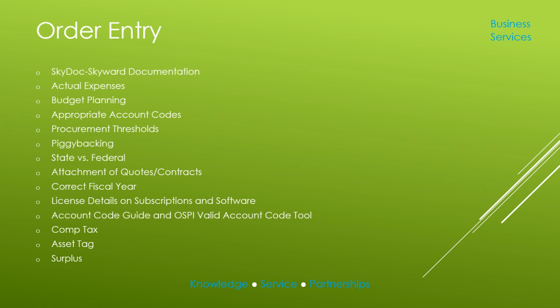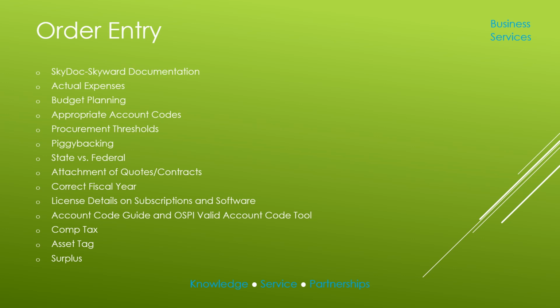If purchasing off another organization's contract, you will need to reference the contract ID in the body of the purchase order and attach the quote and any other procurement forms to the PO in Skyward. Please ensure the quote references the contract ID and that the contract is valid. Contact the purchasing specialist if you need help doing this.